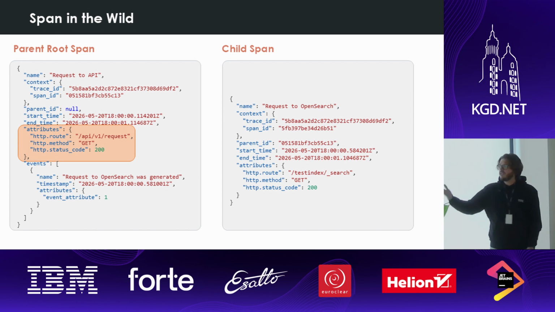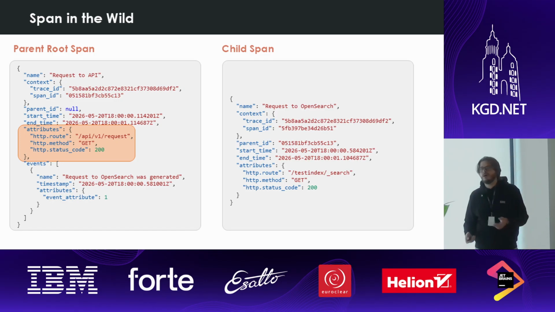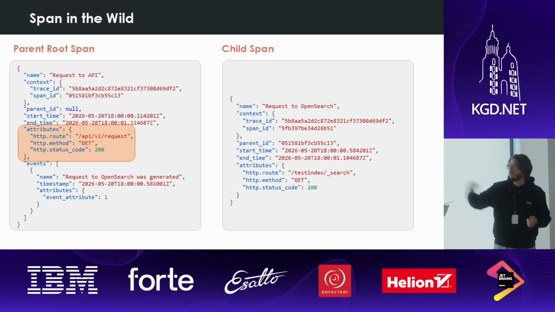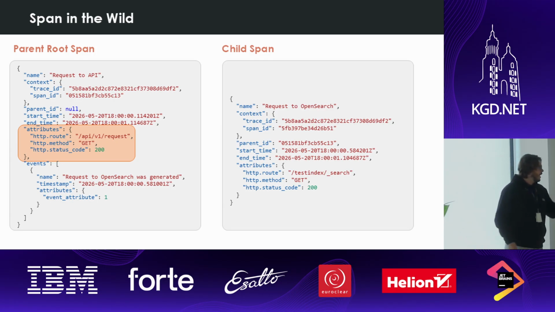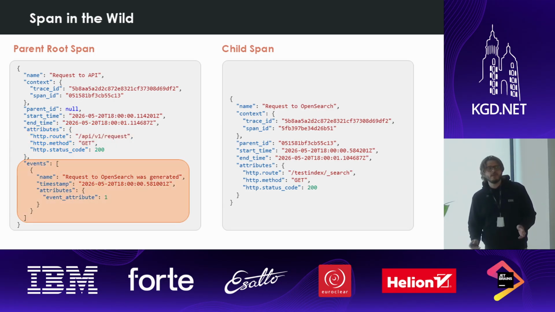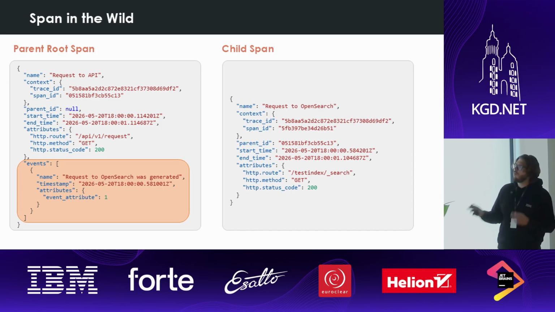Attributes are something that belongs to this particular span. For example, we triggered an HTTP endpoint. We can put this endpoint into attributes. It can be a correlation ID, user ID, whatever you want. Events, just think about them as logs in your span.